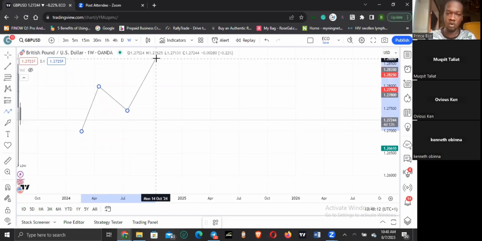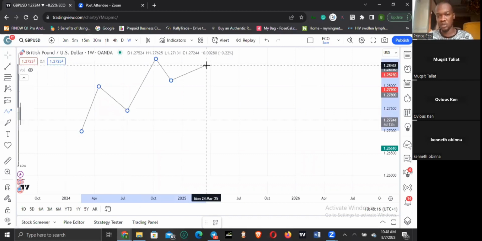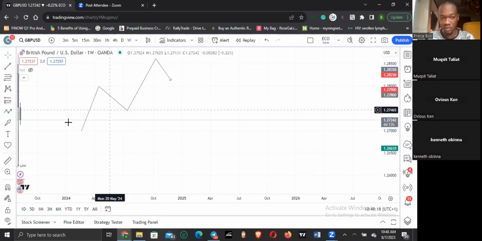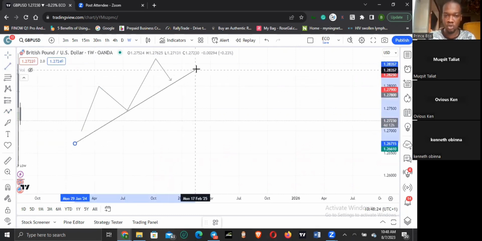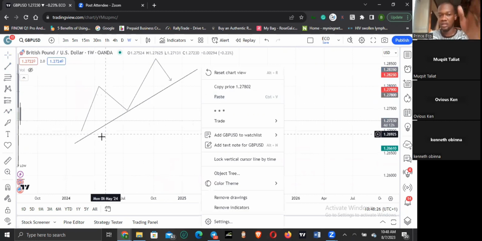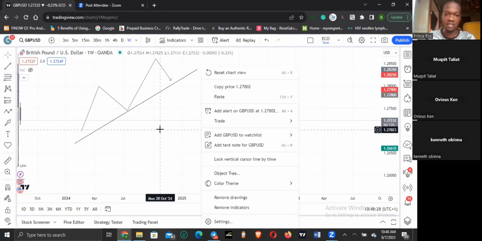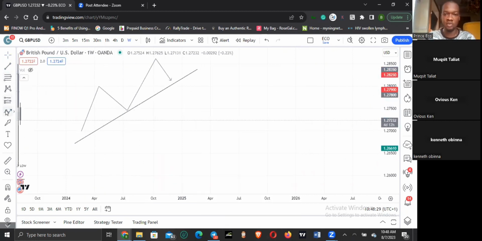If it's going in an uptrend or a sideways trend, this is going to be a little bit fast and choppy. So let's take this to be an uptrend. Probably plot your trend line, an uptrend, and this would be our downtrend.